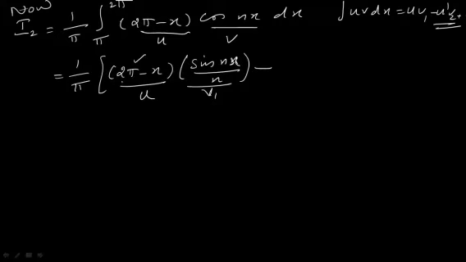While differentiating, 2 pi is a constant, so that becomes 0, minus, while differentiating x you get 1, so you have minus 1 alone. Product v2 you are going to write down here. Integrating v1 gives you v2. So take 1 by n as a constant. Integrating sin nx, you get minus cos nx divided by n.